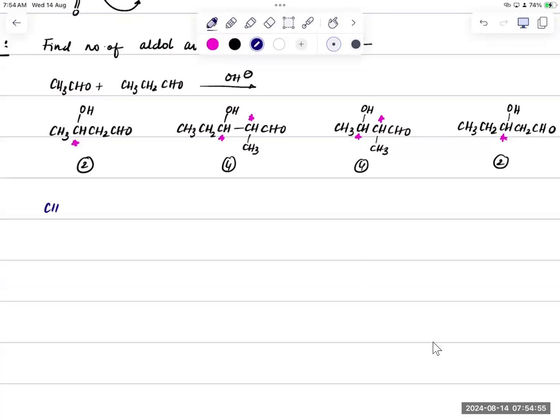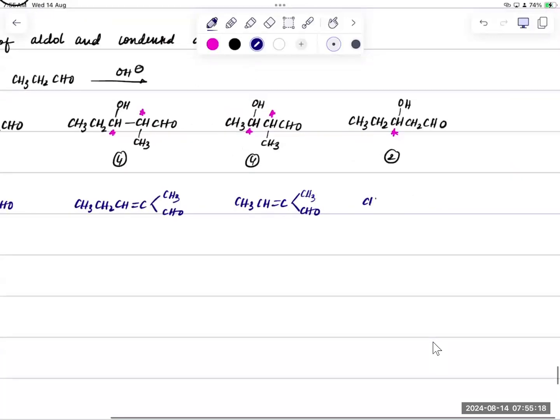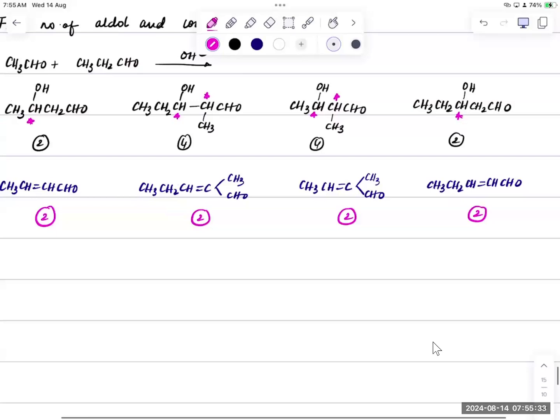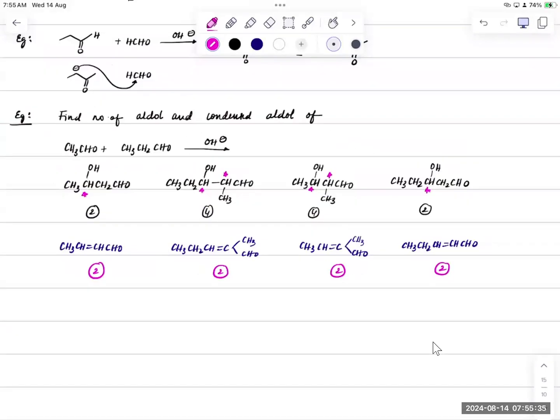So condensed aldol will be CH3CH double bond CHCHO, and here CH3CH2CH double bond C double bond C, CH3CHO, and here CH3CH double bond CH3CHO. Lastly here CH3CH2CH double bond CHCH. Again, this will have cis and trans, so it makes it 2, 2, 2, and 2. So total again 8. So 8 condensed aldol forms we can get.